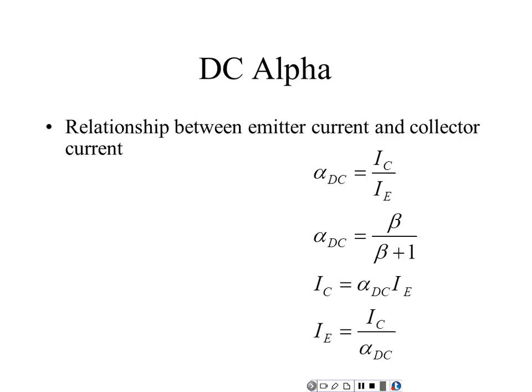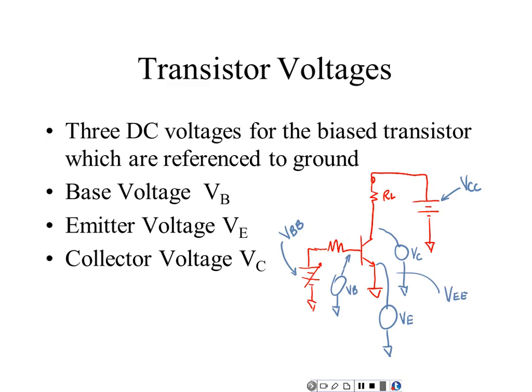The only advantage common base has is that it responds extremely well to extremely high frequencies. It's a very low input impedance. So this is a dual voltage, and we'll start off with a dual voltage bias. And then we'll move into single voltage bias. Just about all your amplifiers now use single voltage bias.